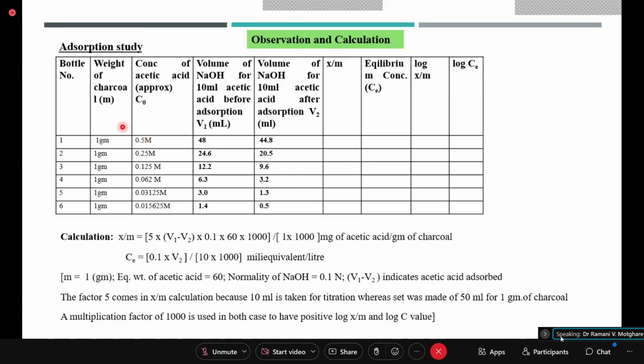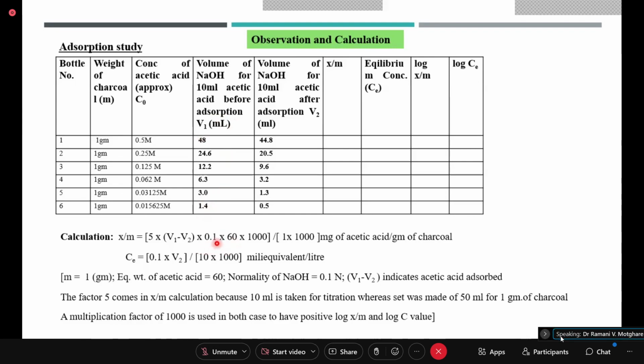concentration acetic acid to each conical flask labeled as 1, 2, 3, 4, 5. And then one student will keep swirling or shaking this flask, that is acetic acid in charcoal, and the other student will first try to find out the strength of acetic acid provided to you. So for this reason, you take first of all 0.1 normal NaOH.